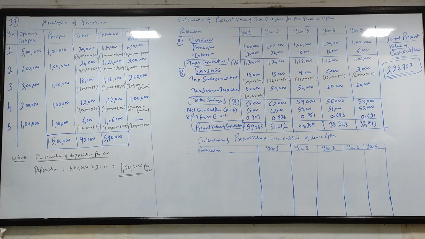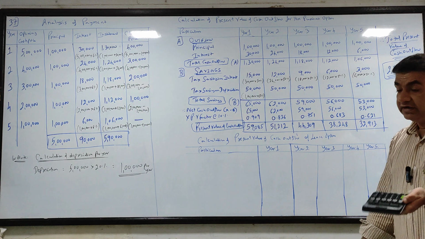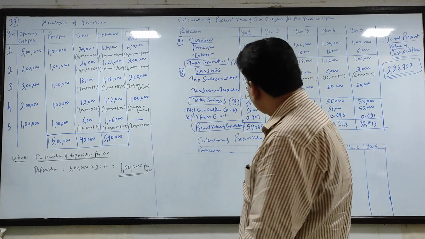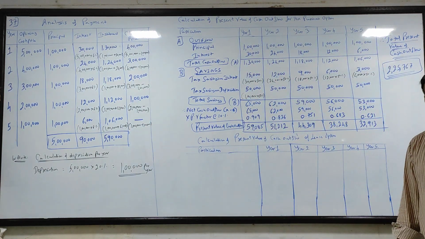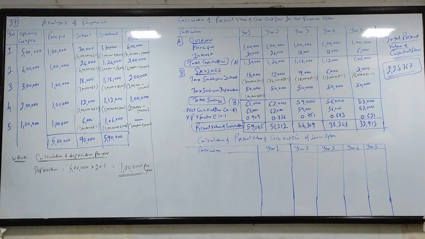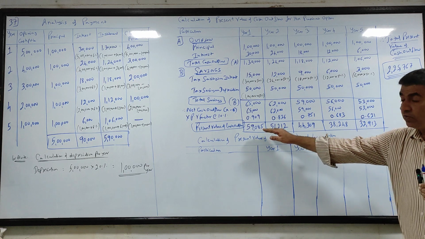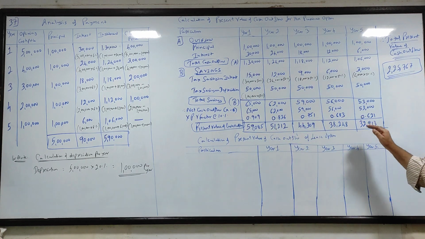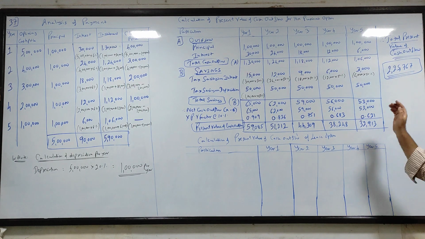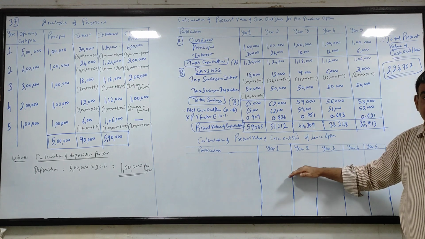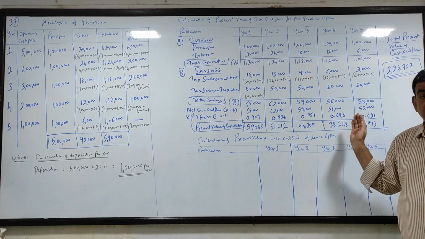Just check once again. 225,767 is my figure. Got it? So now see, the present value of the hire purchase option is the present value of cash outflows. That means whatever payment I am going to make over the next 5 years, the value of that payment as of today is this. Now I'll have to do a similar thing for rent and then give my conclusion.